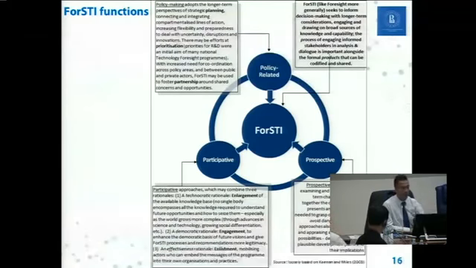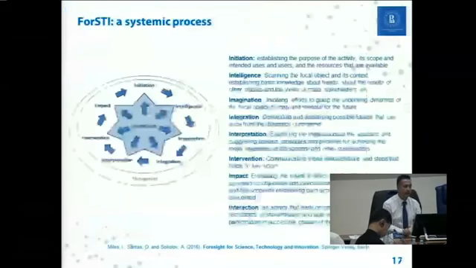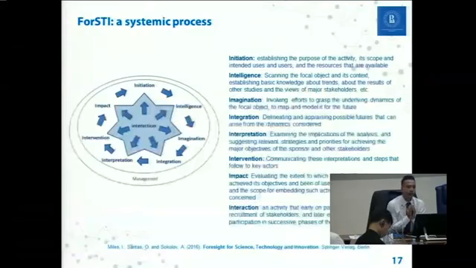So it is prospective in nature. And also, it is oriented towards policy making in terms of planning, prioritization, and creating partnerships between all these different authorities and actors. So these are the key functions of ForSTI. And there's a systemic process. We are dealing with systemic problems, so we develop systemic processes and systemic solutions for that.